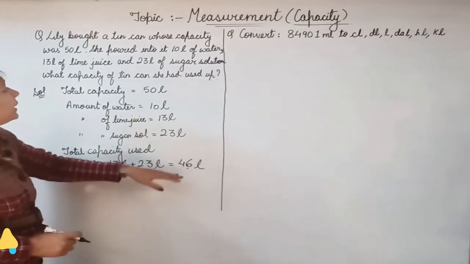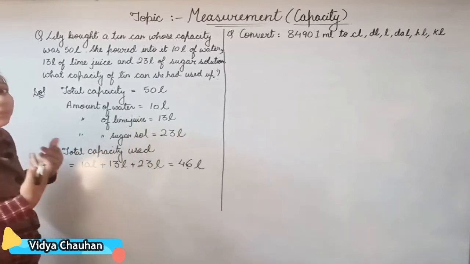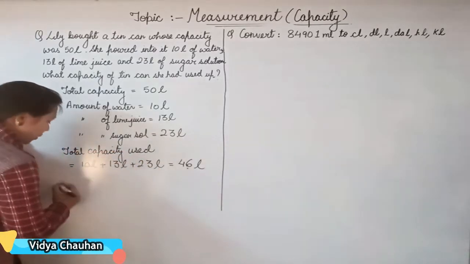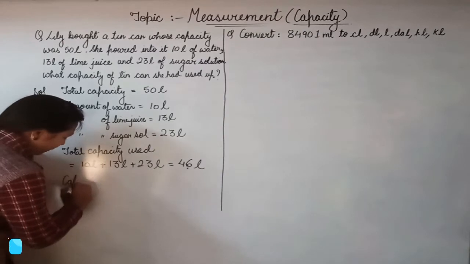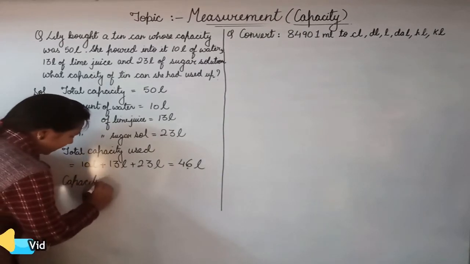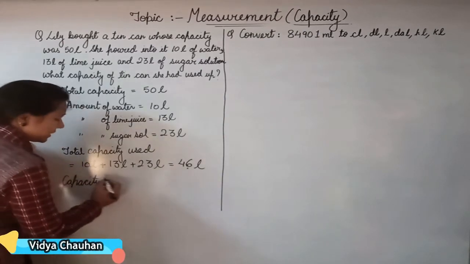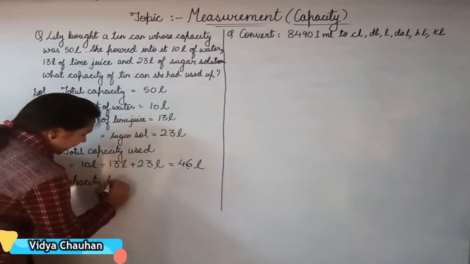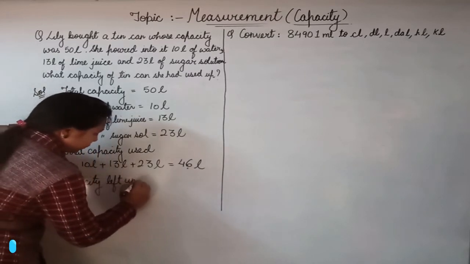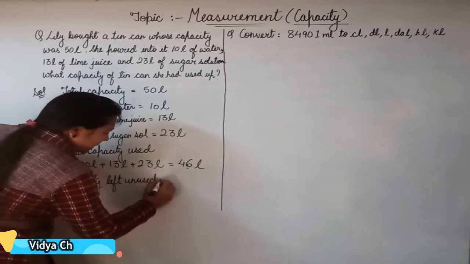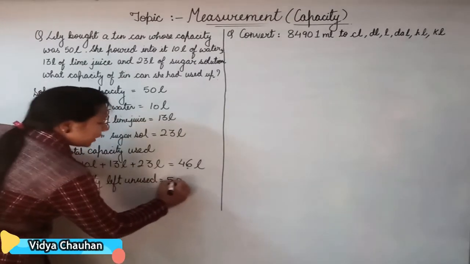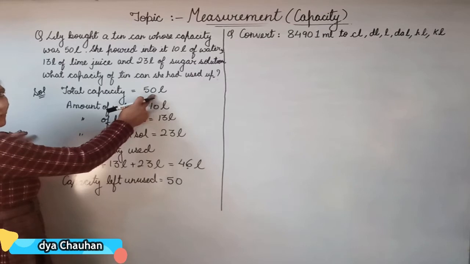Clear, students? Now if it is being said to find how much capacity is left, how much volume is left. So for this part, the capacity left, unused, or you can say empty, will be equal to total volume 50 liter.